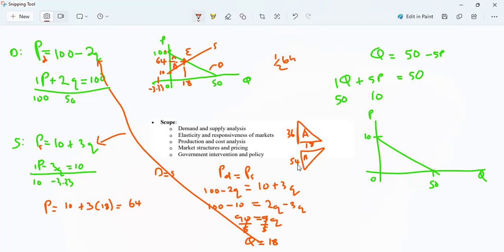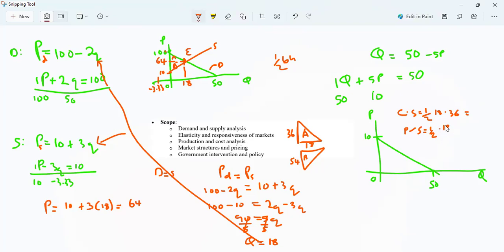So what is the consumer surplus, therefore? Half base times height: half times 18 times 36, and half times 18 times 54.